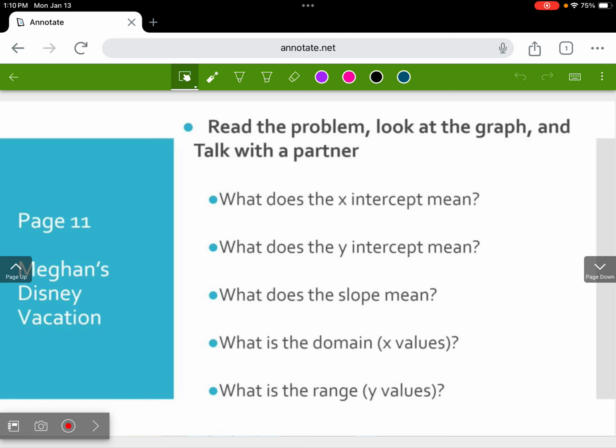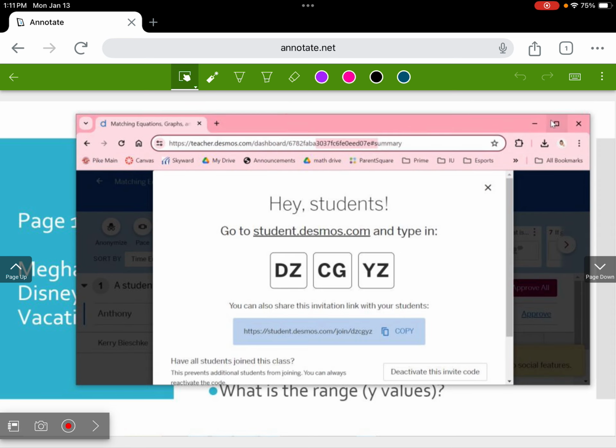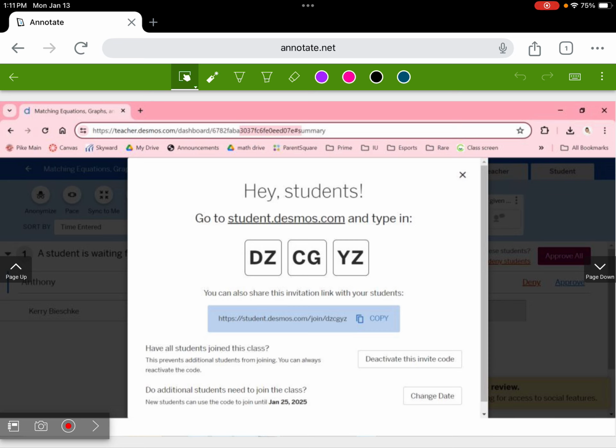It's showing it as active, so let me pull up the student page. Alright. Yeah, you should have, if you go students.desmos.com, if for some reason the link's not working, type in access code DZCGYZ.